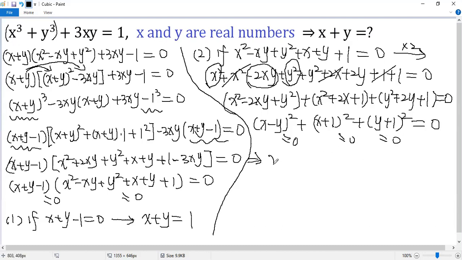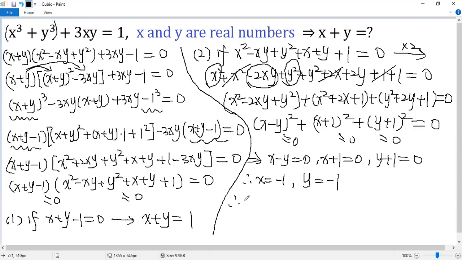So we get x minus y equals 0, x plus 1 equals 0, y plus 1 equals 0. So we can solve x equals -1, y equals -1. So x plus y equals -1 plus -1 equals -2. So we have two solutions, 1 and -2.